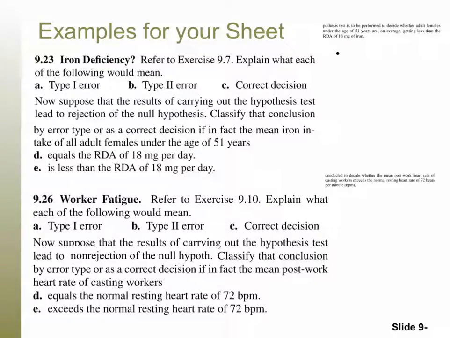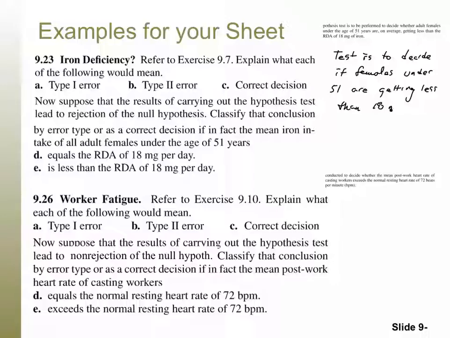The test is to decide if females under 51 are getting less than 18 milligrams of iron.